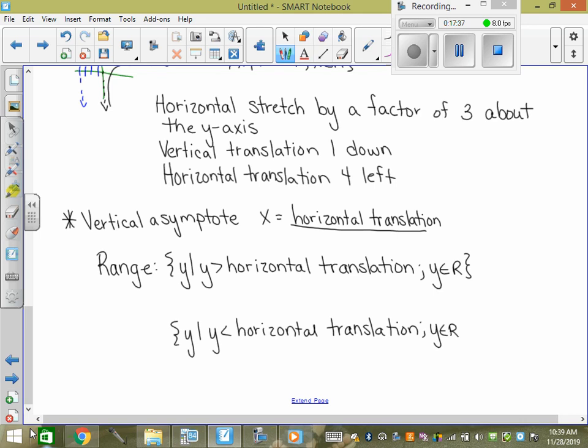What's the difference? How do we know it's greater? It's to the right. If it's to the right, it's greater, which means there's no reflection in the y-axis. So it's going to be greater if there's no reflection in the y-axis. So it'll all be on the right, right? Okay. And then if there's a reflection in the y-axis, it'll all be on the left.